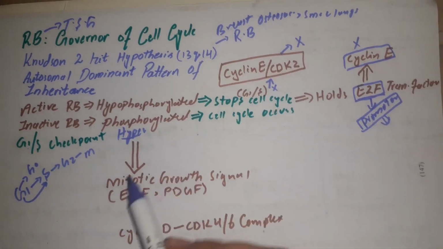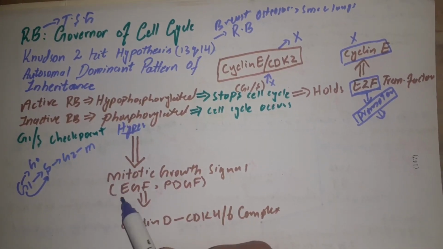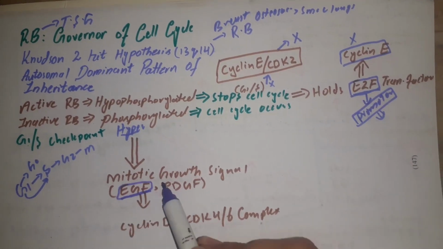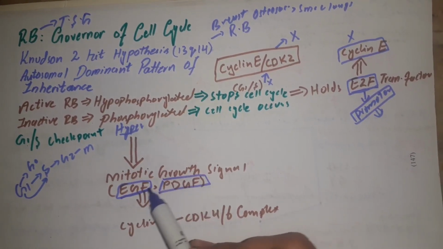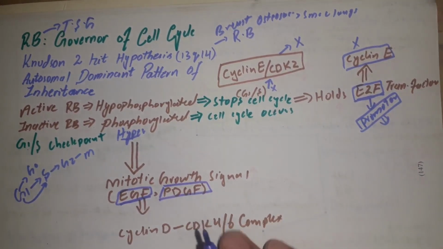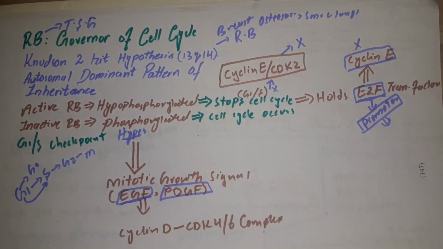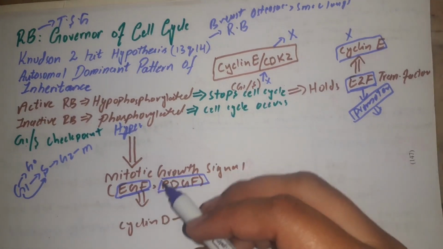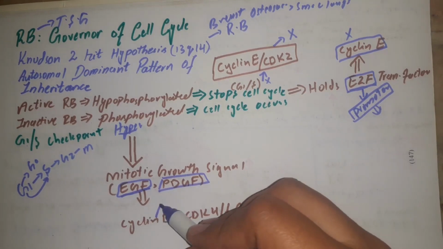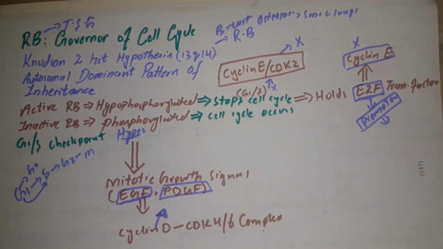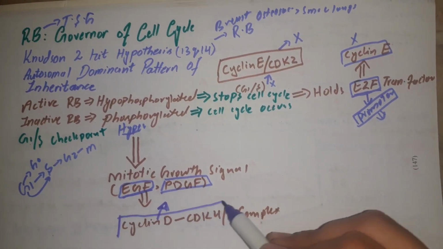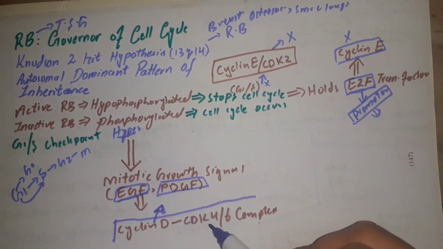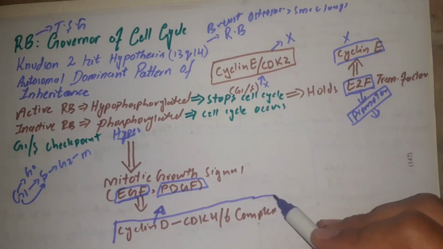This growth signal can be in the form of epidermal growth factor as well as platelet-derived growth factor, which are called mitotic growth signals. When a cell receives these signals, what happens? There is upregulation of cyclin D, and when cyclin D is upregulated, it leads to the formation of the cyclin D, cyclin dependent kinase 4 and 6 complex.